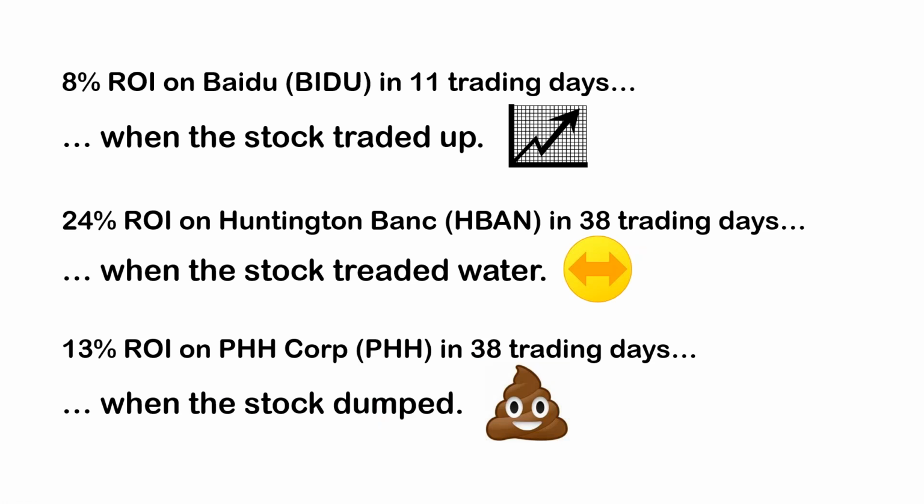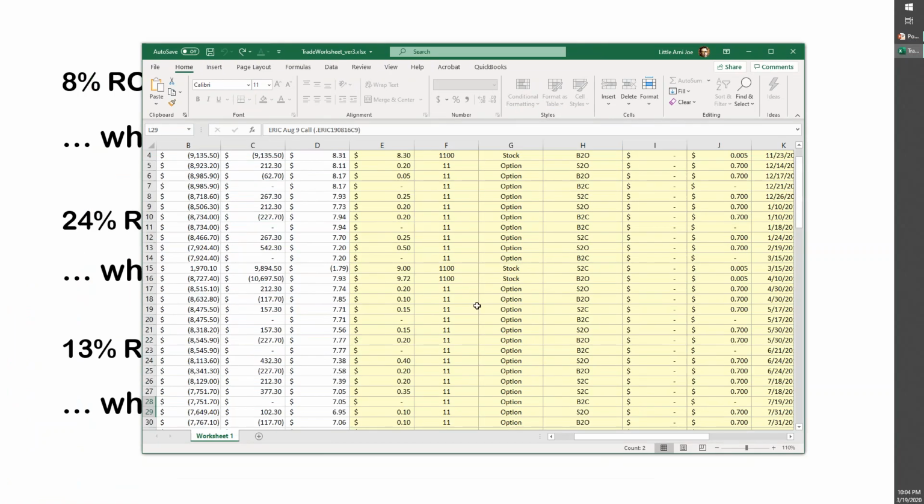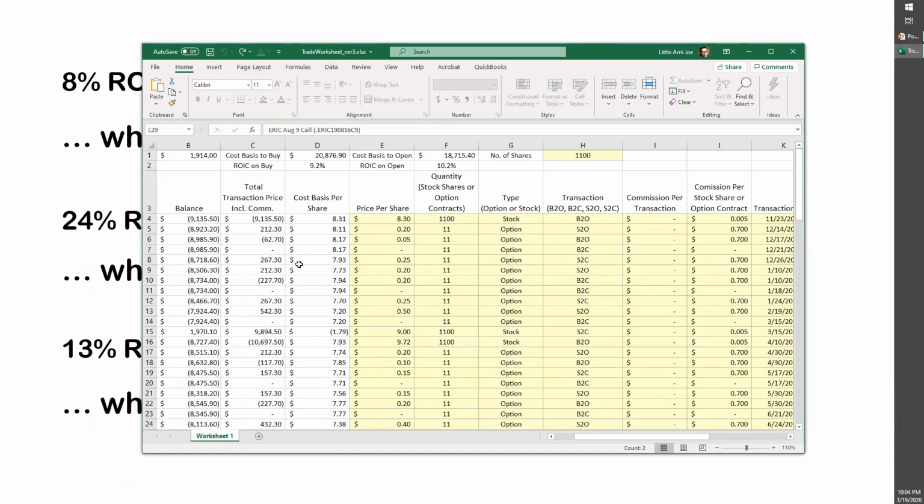I have a log of it. Is this it? No, that's not it. Give me 1 second. Here it is. This is a trade that we did on Ericsson.